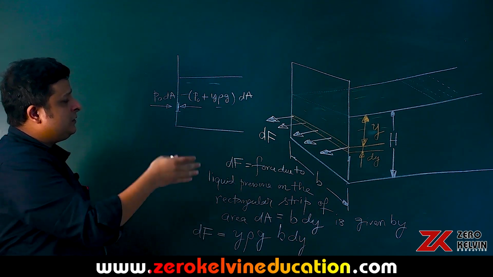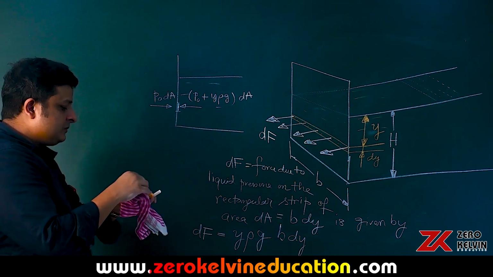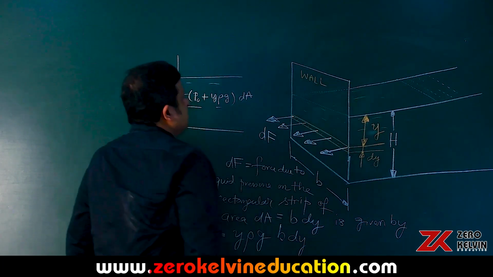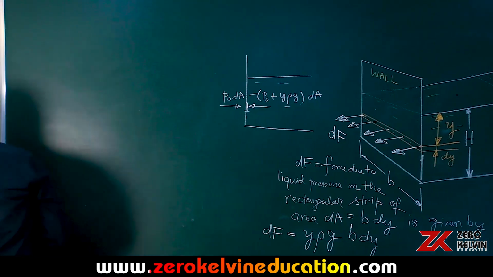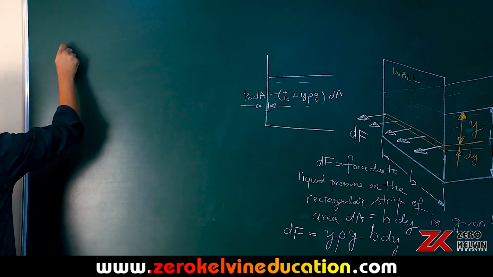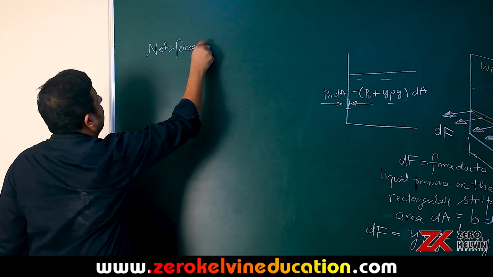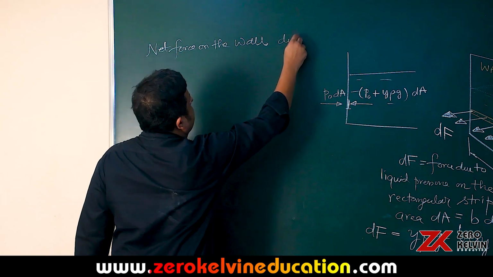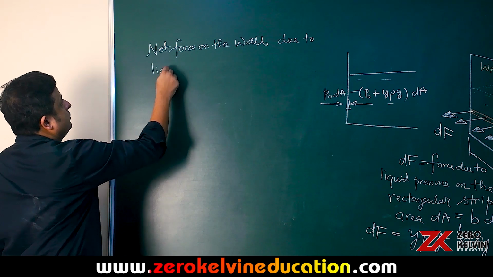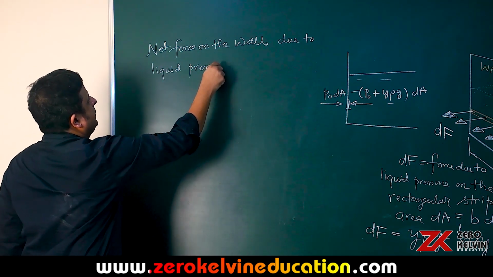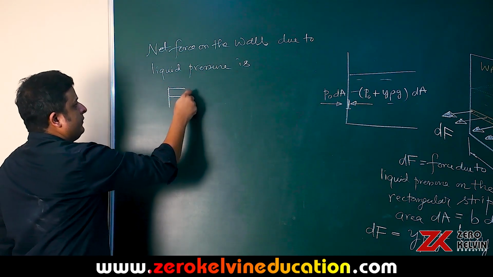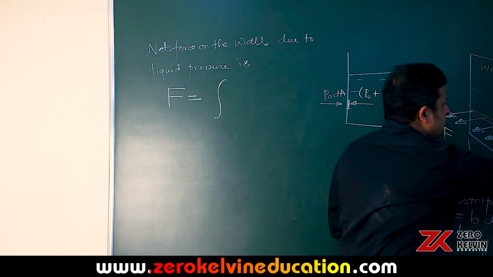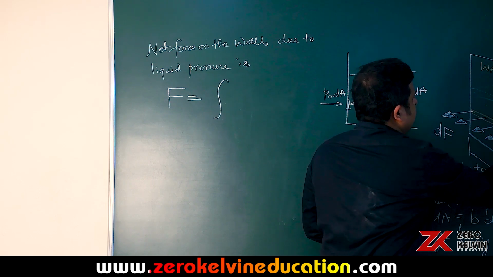So the net force on this vertical wall, that's the vertical wall I am talking about, right? The net force on the wall due to liquid pressure, F, is obtained by adding all these dFs, the forces on these small rectangular strips.